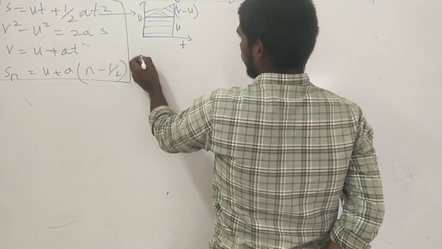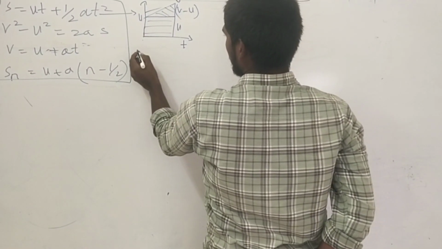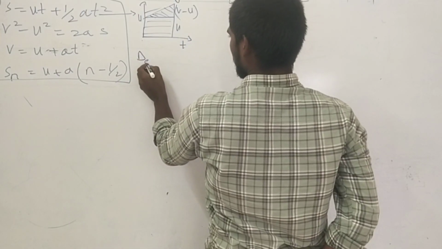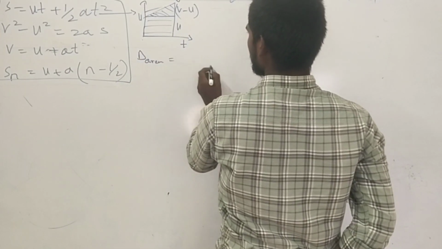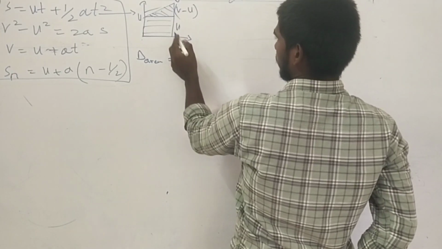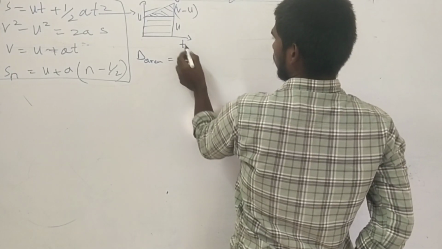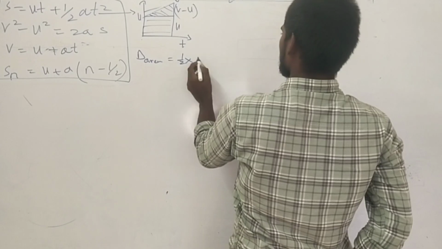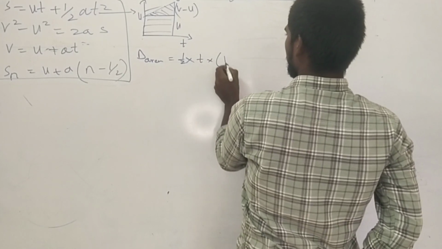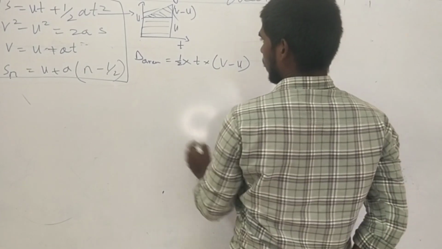First, the area for the triangle is half into base into height. How much is the base? Time t. So it is half into t into v minus u.